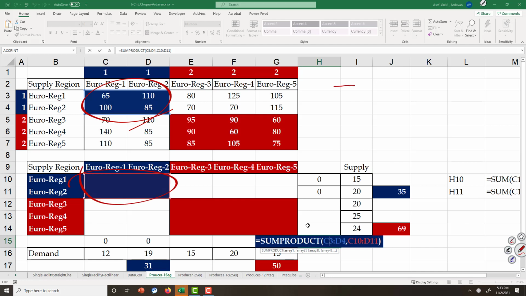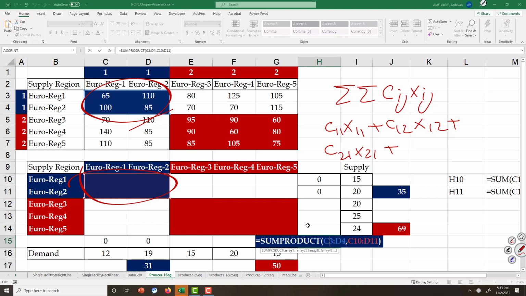In mathematical form, it's summation of Cij multiplied by Xij. In our problem, it is C11 X11 plus C12 X12 plus C21 X21 plus C22 X22, and that is what we want to minimize.